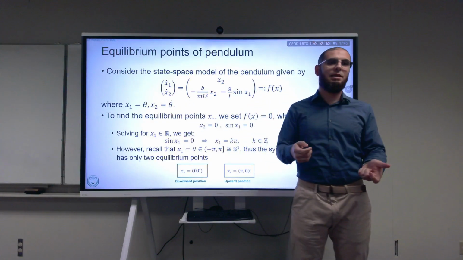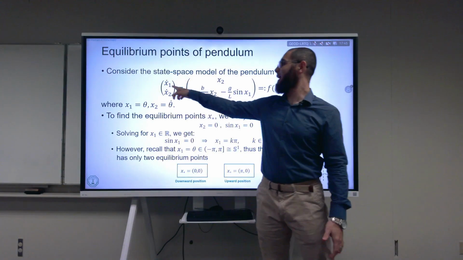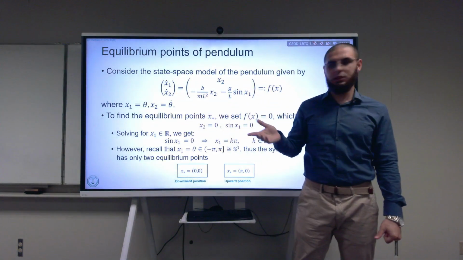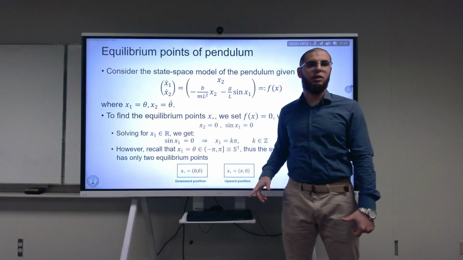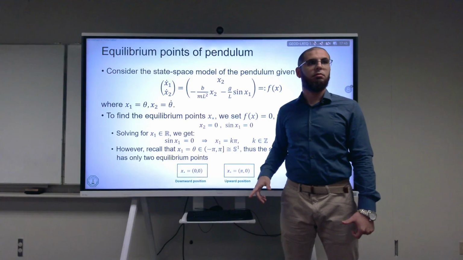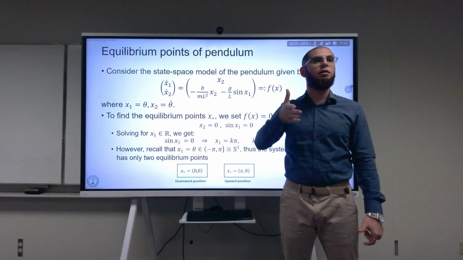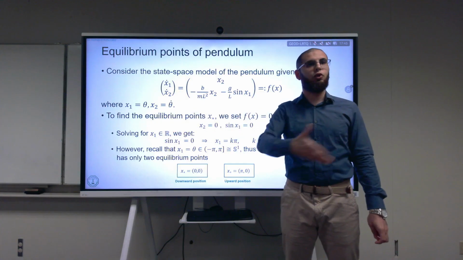So if you integrate this system, what happens to it? Imagine that you integrate x1 dot equal to 0 and x2 dot equal to 0, given the initial condition that x1 is equal to 0 and x2 is equal to 0. What is the result of that integration? x1 is equal to 0 for all time, and x2 is equal to 0 for all time.